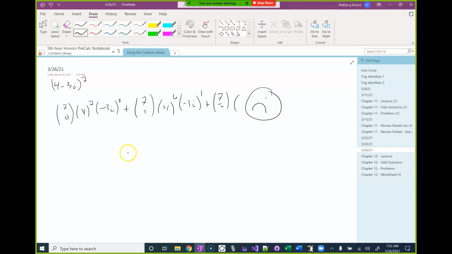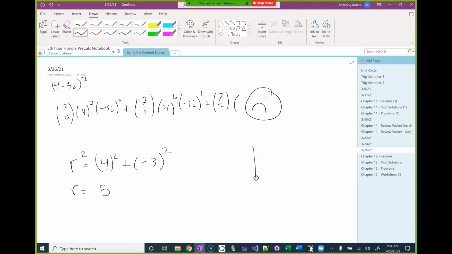The easier way to do it, that's not so yucky, is I'm going to convert this into trigonometric form. So I know that r squared is a squared plus b squared. So r is just going to be 5. 16 plus 9 is 25, and the square root of 25 is 5.